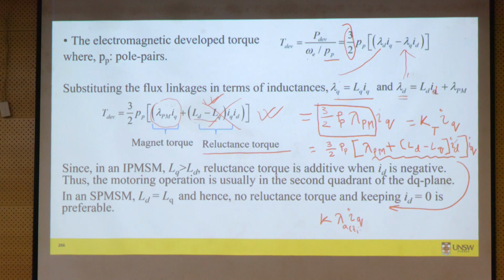Sometimes the term in the bracket is called active flux because that flux can vary, and that's why we can get flux weakening in the IPMSM, because we can vary this flux by varying ID current, okay?